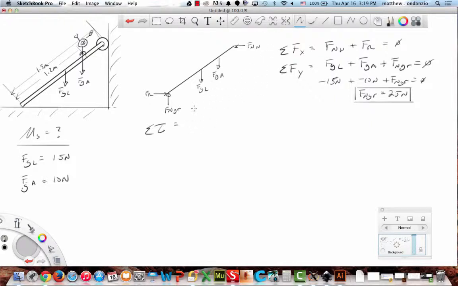Okay. So some of the torques. If I look at the sum of the torques, do I need to even at this point determine what I'm summing the torques around yet? No. Why?